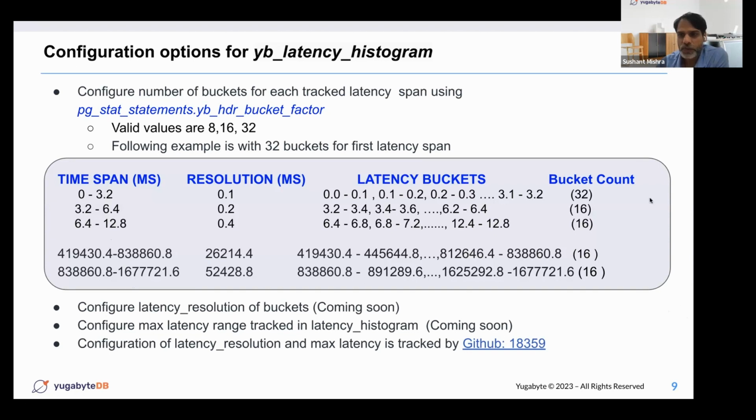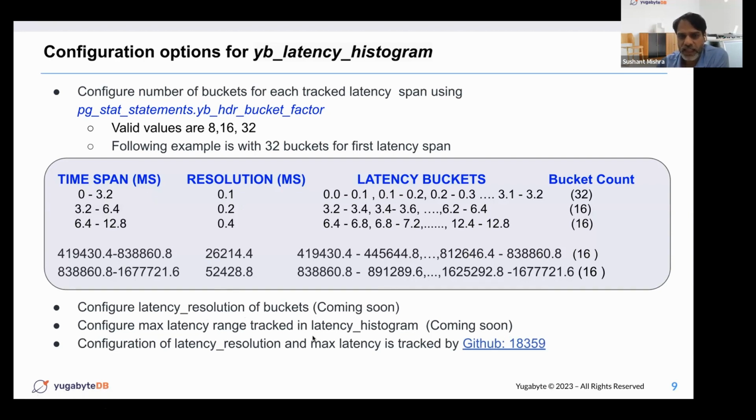Beyond that, we do have plans for adding 2 more configuration variables. One is the latency resolution of the buckets. So for example, this time span of 0 to 3.2, if we want to track it at either a higher or lower latency resolution, let's say instead of 0.1 we want to track it at 0.2, then users should be able to change that as well.